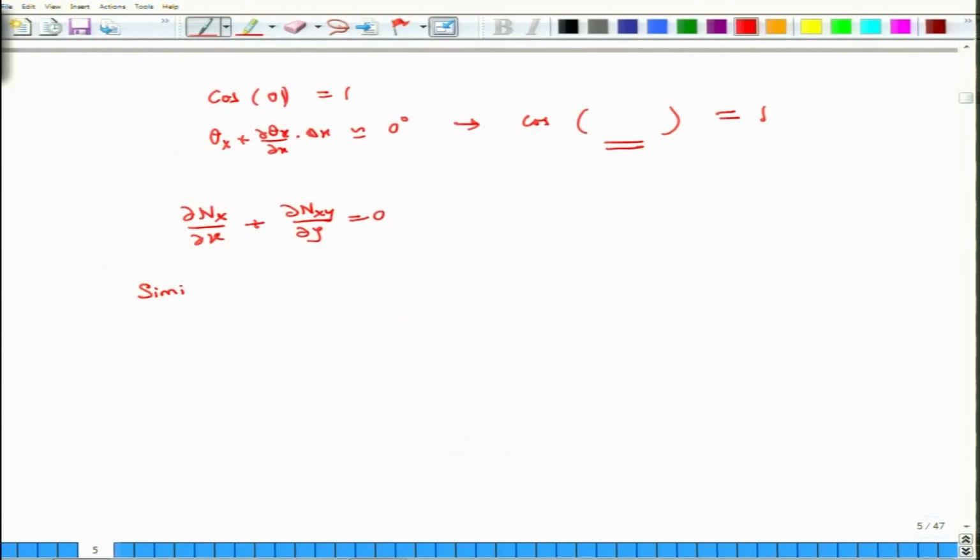Similarly, if I add up all the forces in the y direction and I equate them to 0, I still get the same equilibrium equation which I had developed when I had considered equilibrium with respect to the undeformed state of the plate, which is del nxy over del x plus del ny over del y equals 0.